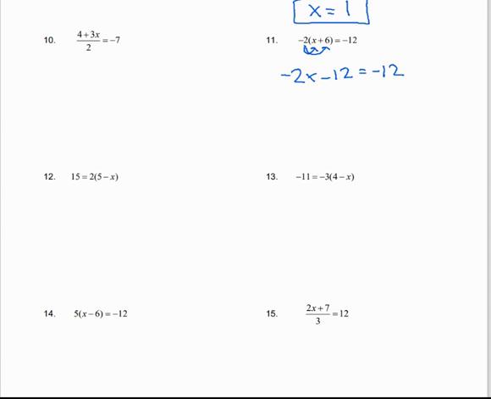Now we're going to undo the minus 12 by adding 12. What happens here? You get 0. We get a 0. Yeah, we get negative 2x equals 0. That's okay, because our next step is just going to divide. And what's 0 divided by anything? 0.